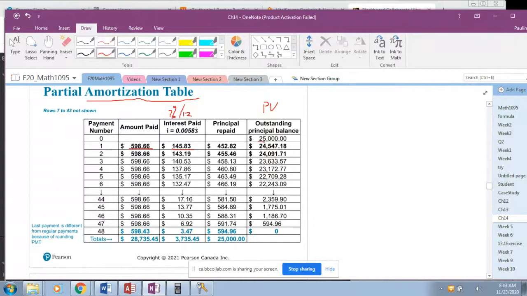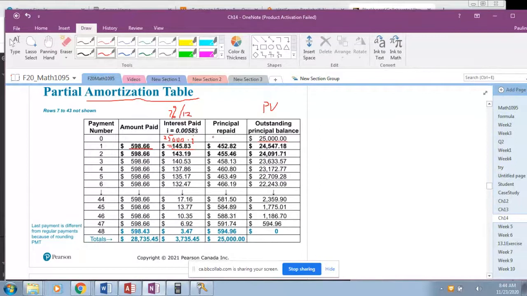How do you get 145? You use 25,000 times 0.00583, and you get 145.83. You multiply the loan by the interest rate i. And then how do you get 452? 452 represents the principal repaid.